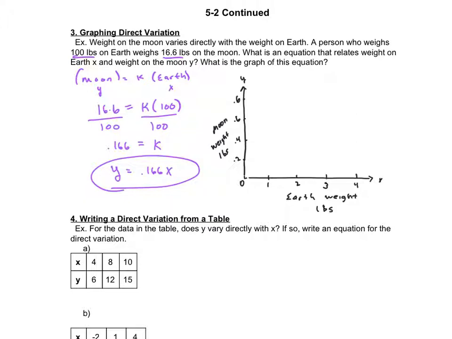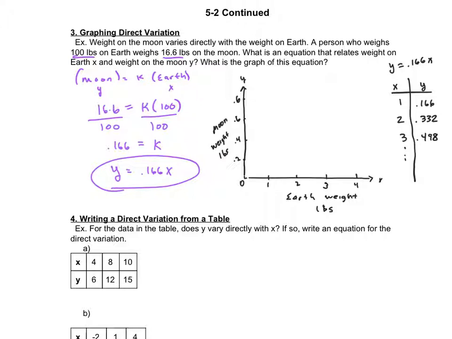And when I do some substitutions, of course y equals 0.166x, when x is 1, y is 0.166. When x is 2, it is going to be 0.332. When x is 3, y is going to be 0.498, and so forth. And I'm going to stop with just these three points.